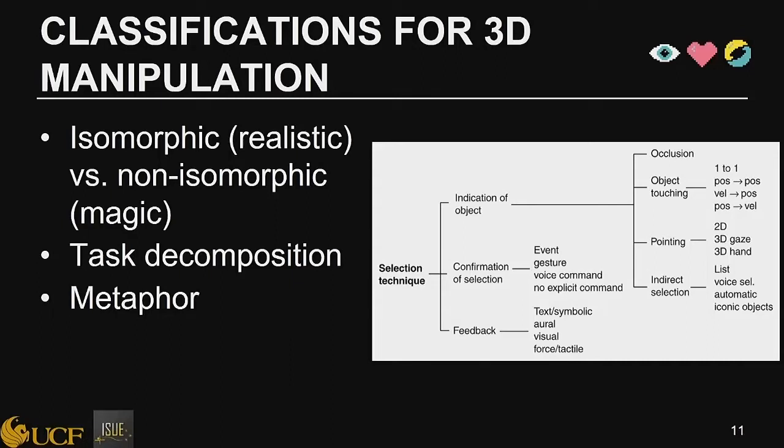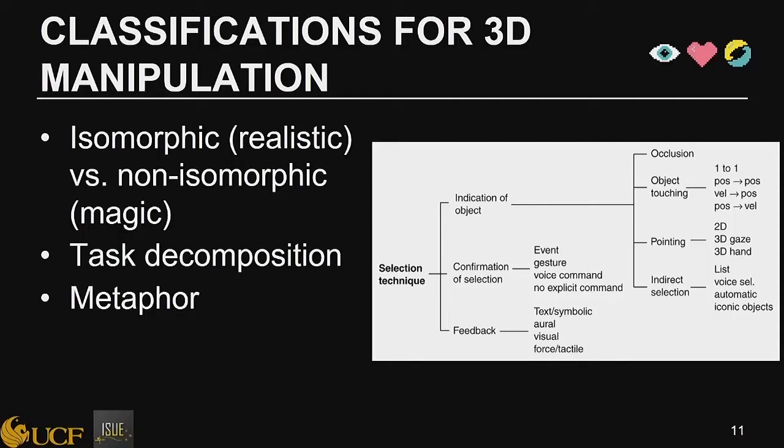Now, as far as classification for 3D manipulation, the main classification that I want to focus on in the rest of this talk is the isomorphic versus non-isomorphic classification. When I say isomorphic, I mean one-to-one mapping, or a more realistic mapping.